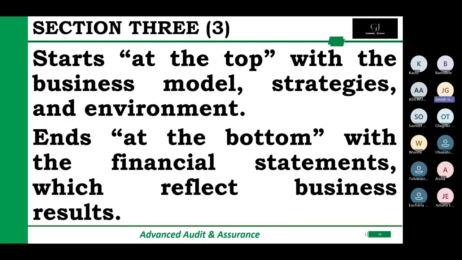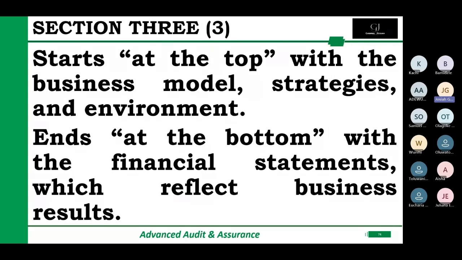So in auditing, auditors should look from the top at what the strategies are, what the business model is, what the macroeconomic and microeconomic environmental factors affecting the business are. Not just looking at the financial statements to see what it culminates in, the numbers and all that. So the business risk approach talks about us looking as auditors from the top.